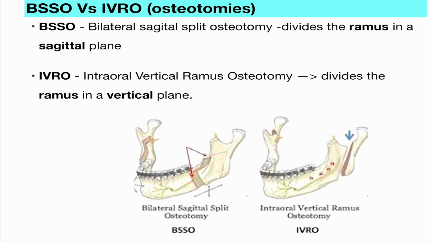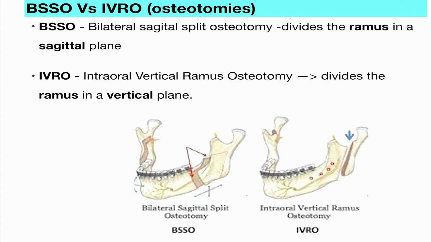This is the sagittal plane, which we have studied in various topics, isn't it? If you're cutting the bone in a sagittal plane, it's called BSSO, whereas if we are cutting the bone in a vertical plane, it's called IVRO. So this is the sagittal plane, and the second one is the vertical plane. That's very important to understand.